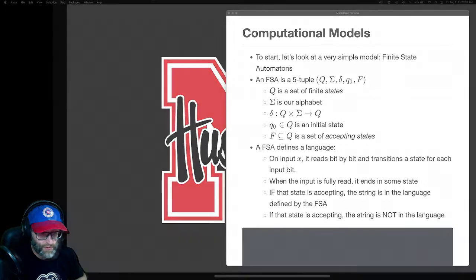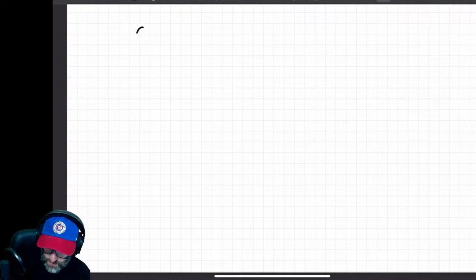All right, let's go ahead and transition back over here. And let's consider the language with n zeros followed by n ones. Right.